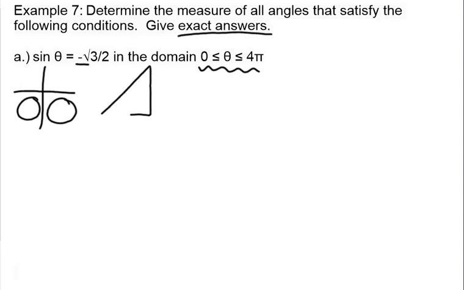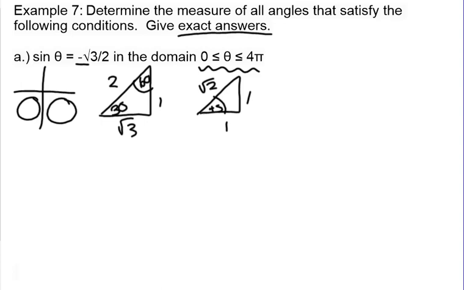We're also going to check our special triangles. The 30, 60, 90 has sides 1, 2, root of 3, and we could also check our 45. First thing you notice is the root of 3 and the 2 are on our 30, 60, 90 triangle. So that's the triangle we're going to look at. What angle, 30 or 60, gives us a sine of root of 3 over 2?